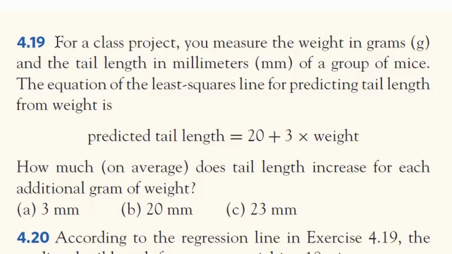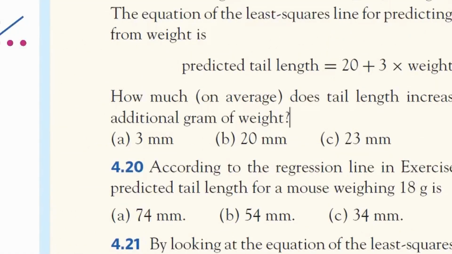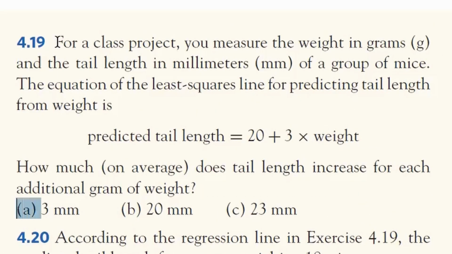Knowing that, how much on average does tail length increase for each additional gram of weight? 3. It increases by 3 millimeters for each additional gram of weight because that's the slope.